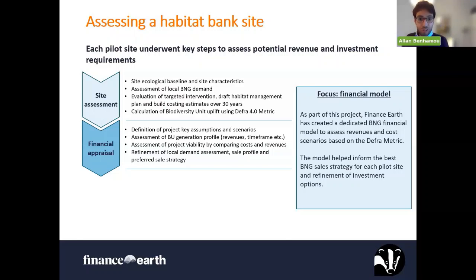As a general conclusion, for most of them we ended up thinking that a hybrid approach would probably be the most appropriate, by selling some units upfront to potentially meet current demand and build relationships with property developers, and then selling units over time.